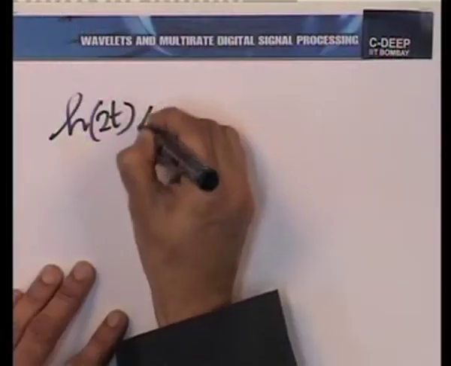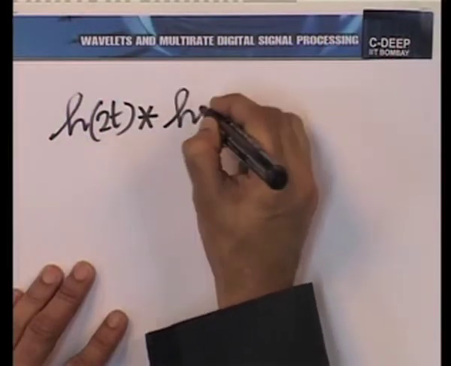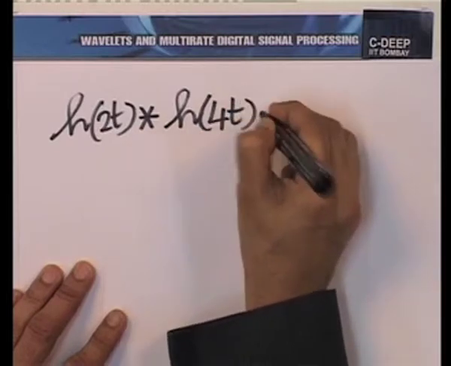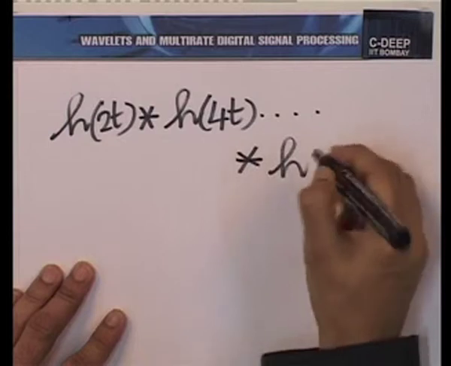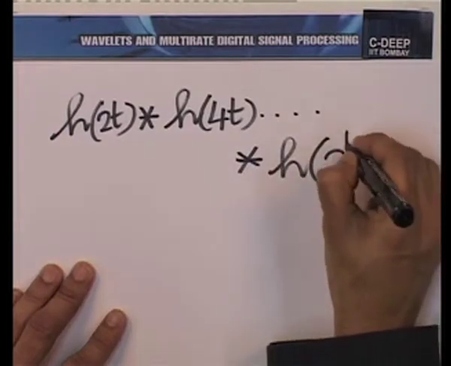When you bring in one more term, next time you are going to get 16 impulses, then 32 impulses, and the last impulse comes closer and closer to 1. So, what we have here effectively is H of 2t convolved with H of 4t and so on, so forth up to H of 2 raised to the power of n t.